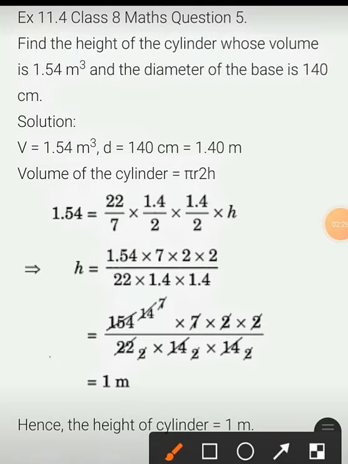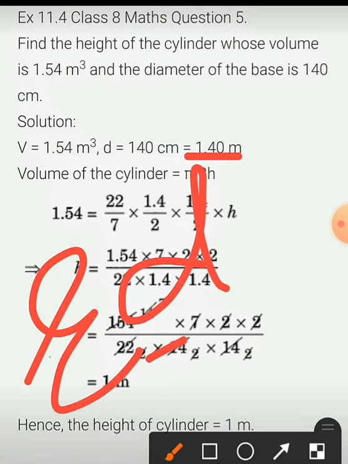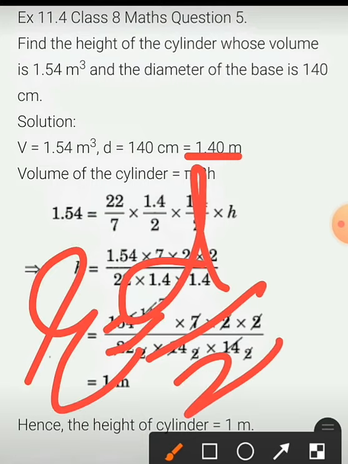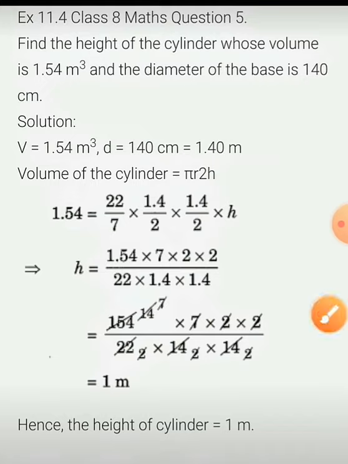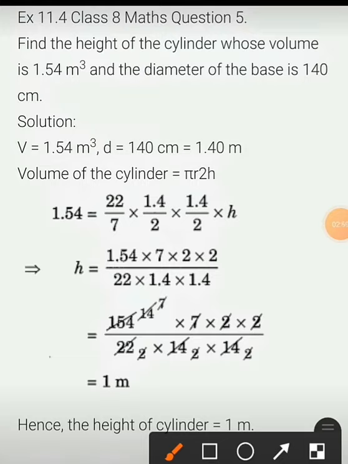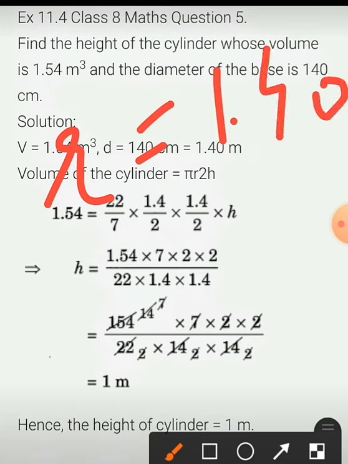Our diameter is 1.40, so from it we have to find the radius. Radius is equal to diameter divided by 2, half of the diameter. So our radius will be 1.40/2.